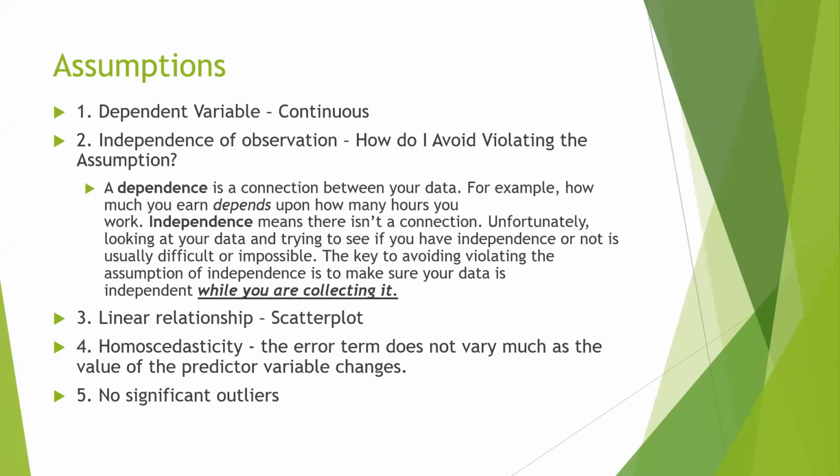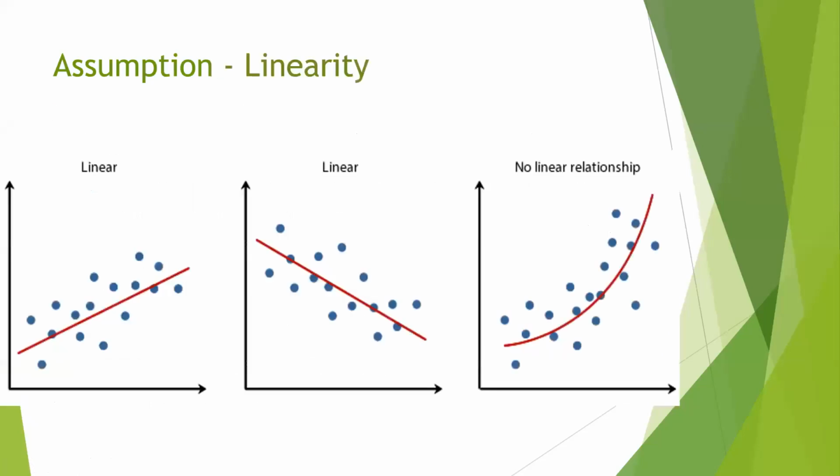So the first assumption is linearity. You have to find out whether X and Y are linearly associated, whether there is a linear relationship. These are scatter plots, that means plotted on an X-axis and Y-axis: on one axis you take X, and on the other axis you take Y. In the first graph, as you can see, there is a positive association.